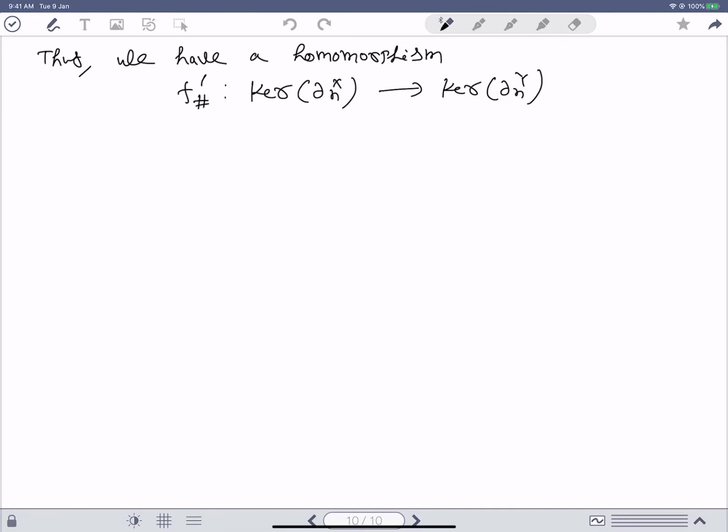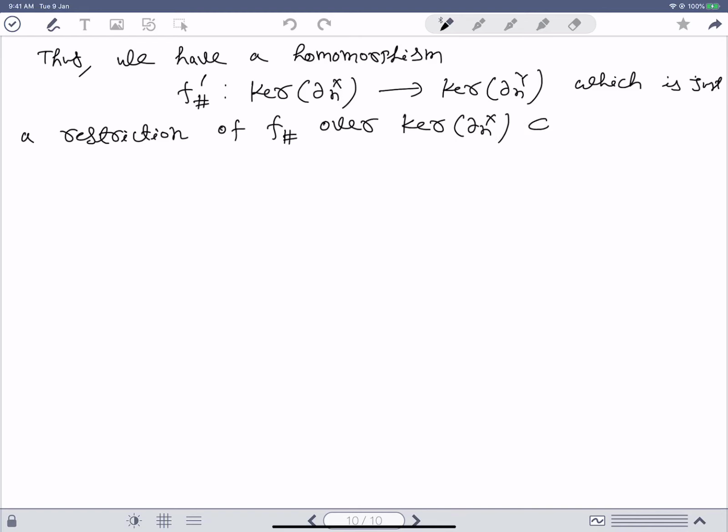So this is just the restriction map of f hat, which is just a restriction of f hat over the kernel of del n x, which is a subset of Cnx.